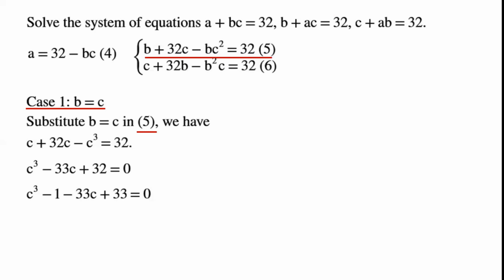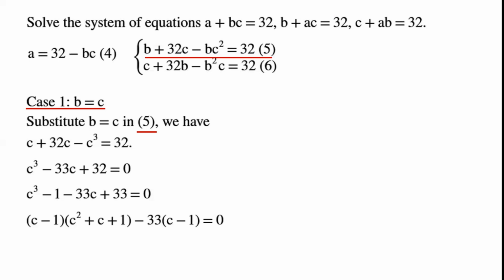We can write 32 as 33 minus 1. We can factorize the first two terms and write (C minus 1) times (C squared plus C plus 1).